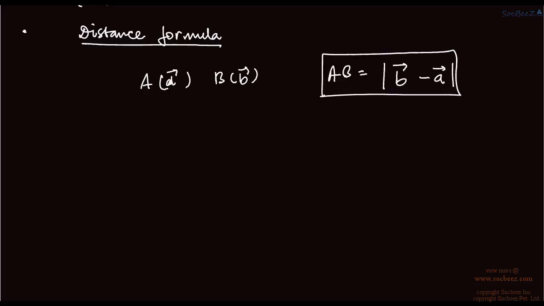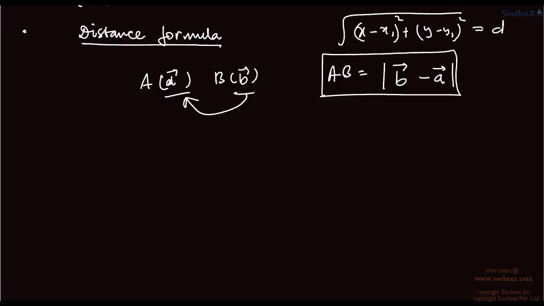In straight lines, we subtract x minus x1, y minus y1, square them, add them and take the root. In this case, you have vectors, not points, so you just subtract the vectors and take the mod.